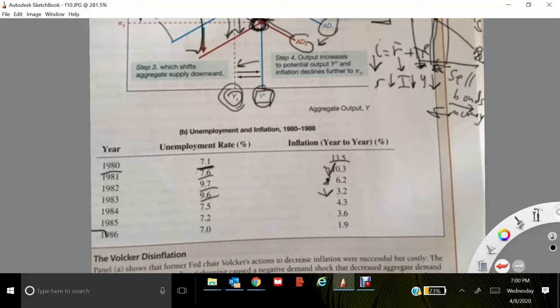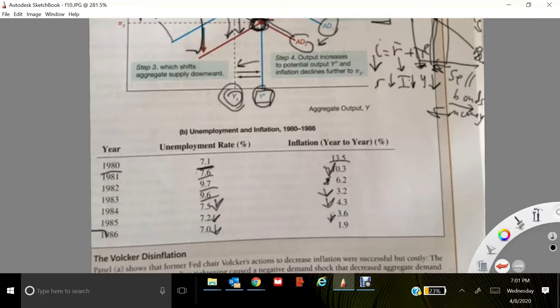And then as the supply curve shifted to the right, unemployment fell, or output increased. Same thing, unemployment fell, more people were working, employment increased, and inflation fell further.